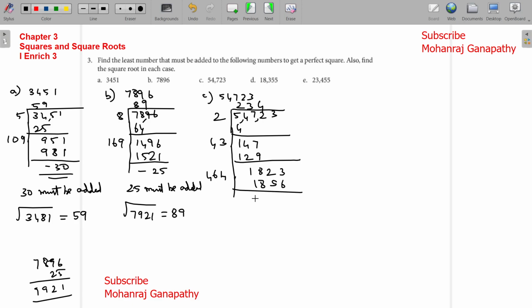So remaining is minus 33. So we need to add 33. 33 must be added. So the new number 54756 is equal to 234.